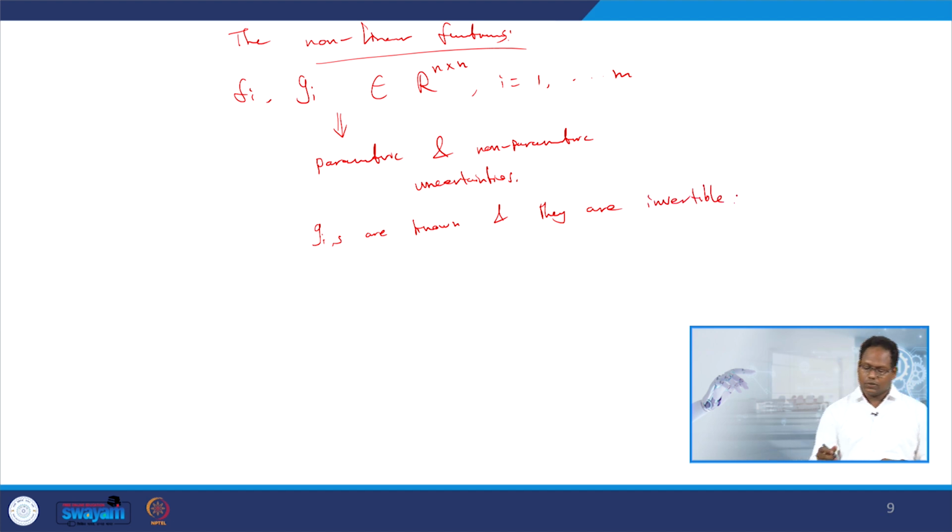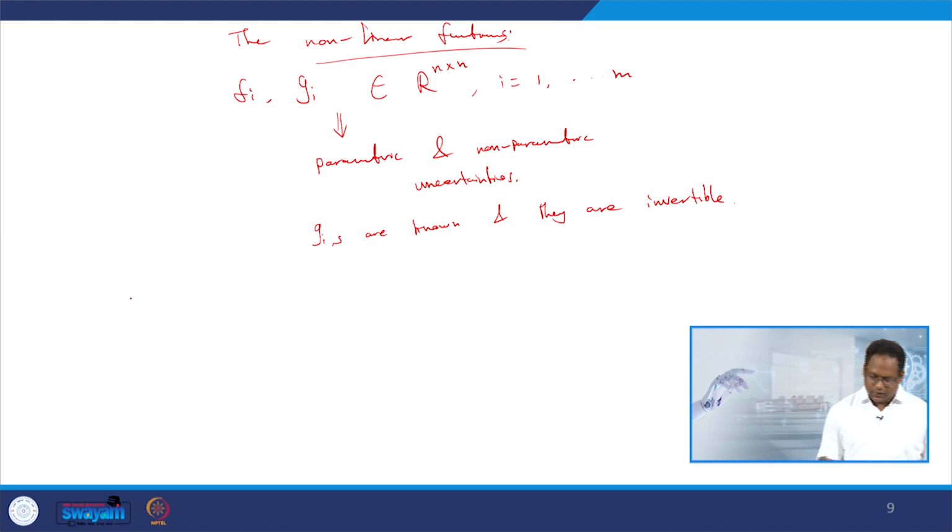Okay, so about xi we have stated what it is. It is basically the state of a system, and u being the control vector, and fi, gi are the nonlinear functions that have both parametric and non-parametric uncertainties, where gi is specifically known and they are invertible.